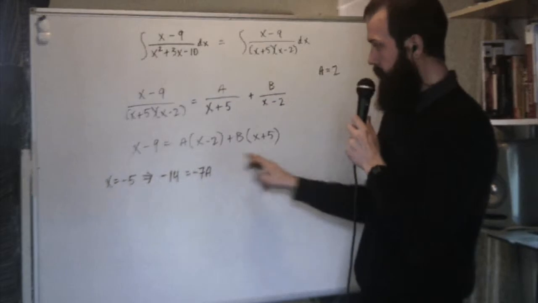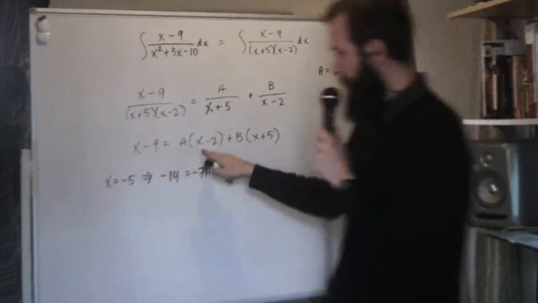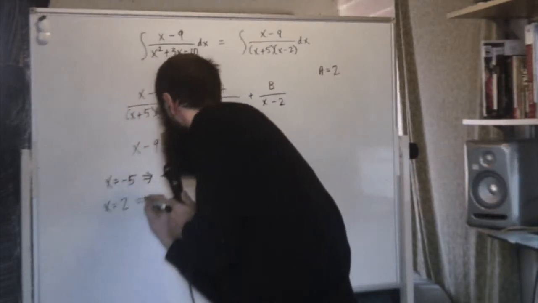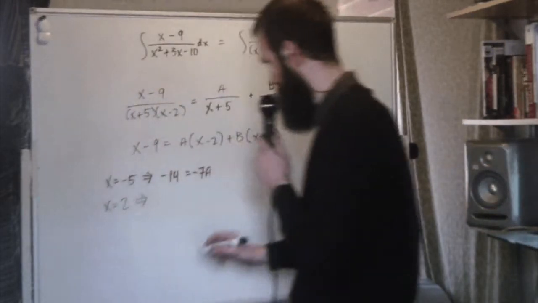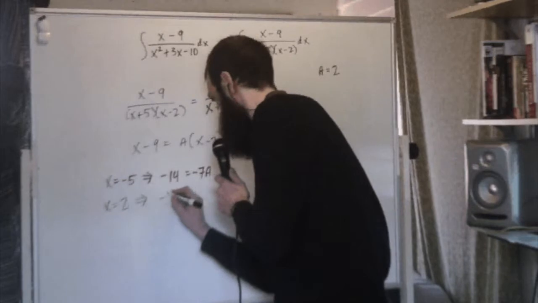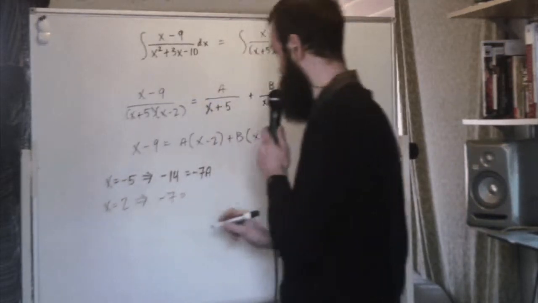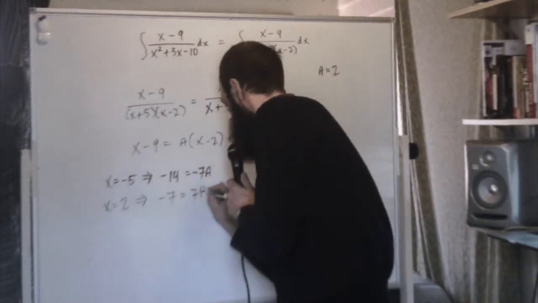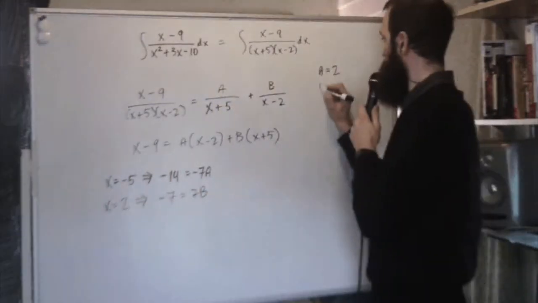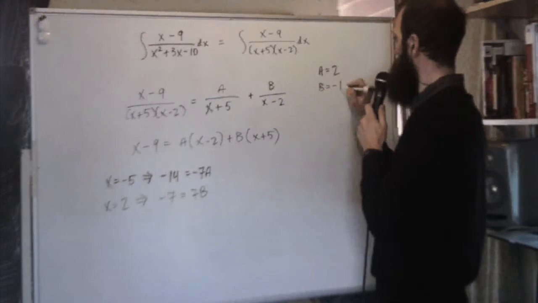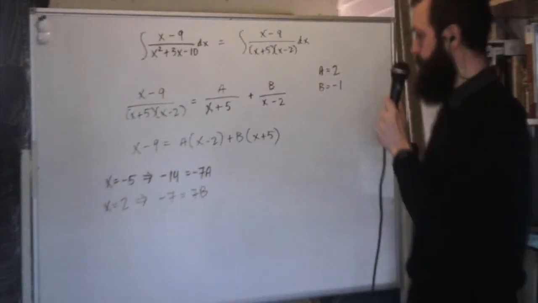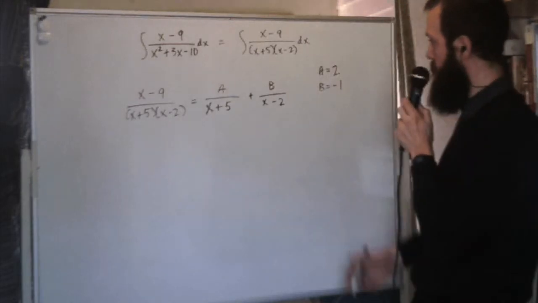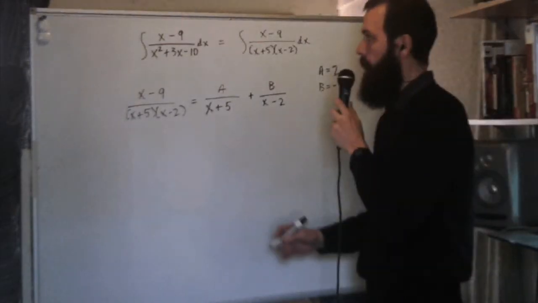Now to solve for b, let's eliminate a by setting x equal to 2. When x equals 2, we've got negative 7 equal to 7b, which looks like b will equal negative 1. Next, we'll plug in these values that we found for our variables.